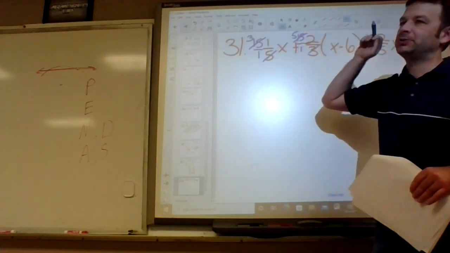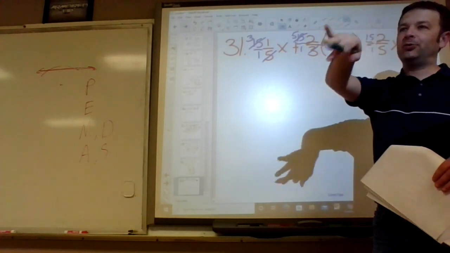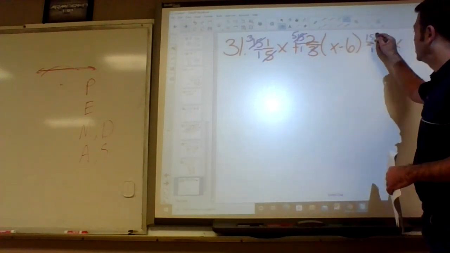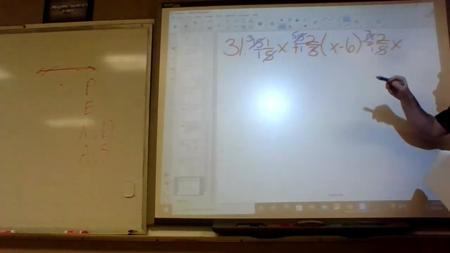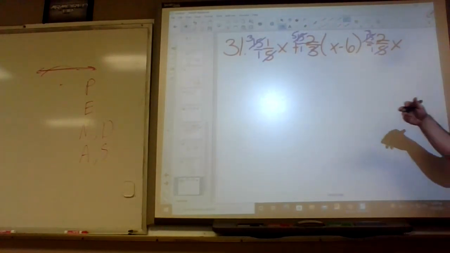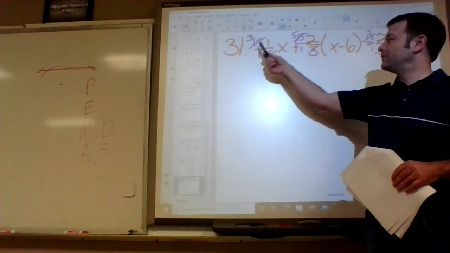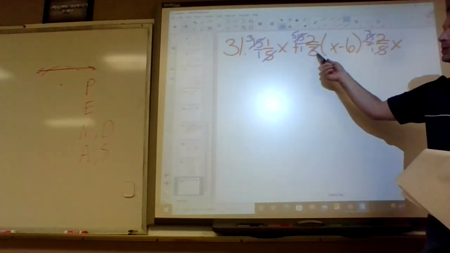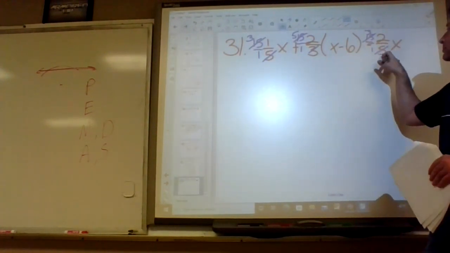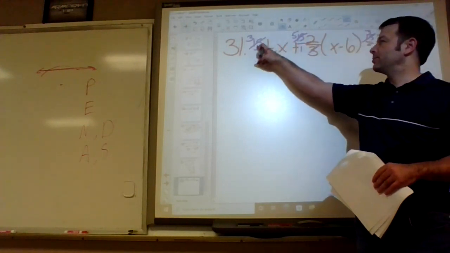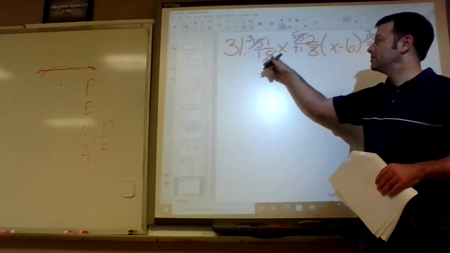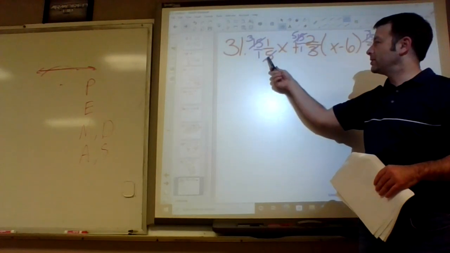You don't have to do this, by the way. You can keep going like normal with the fractions. Why 15? Because the denominators 5 and 3 both go into 15, so there's nothing left on the bottom.